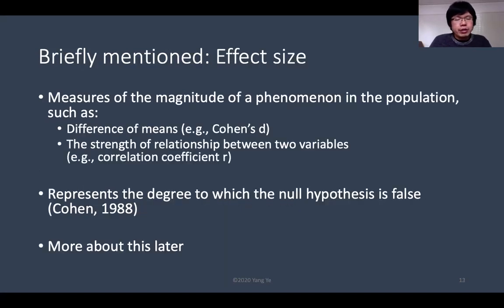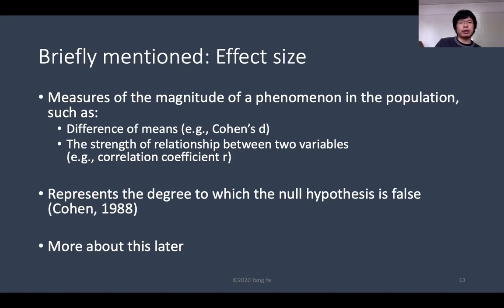We've briefly mentioned effect size. I've included this in the revised slides for the previous lectures, but here it is again. Effect size is a measure of the magnitude of a phenomenon. It could be a difference of means, such as Cohen's d, or the strength of relationship between two variables.